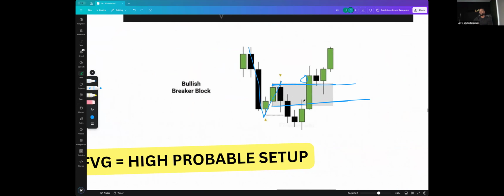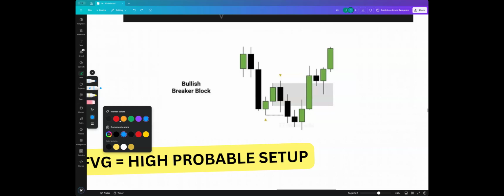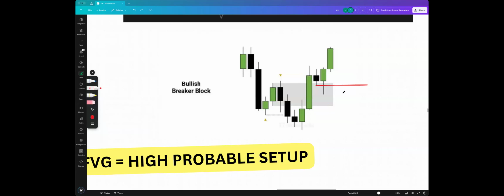A breaker block. And what do we have right here? Can someone tell me, what is this right here? Just quickly. Fair value gap. Fair value gap. And that's when you know you are trading with the market makers and you are waving at them. Why? Because you know exactly how the market works and how the market moves every single day.